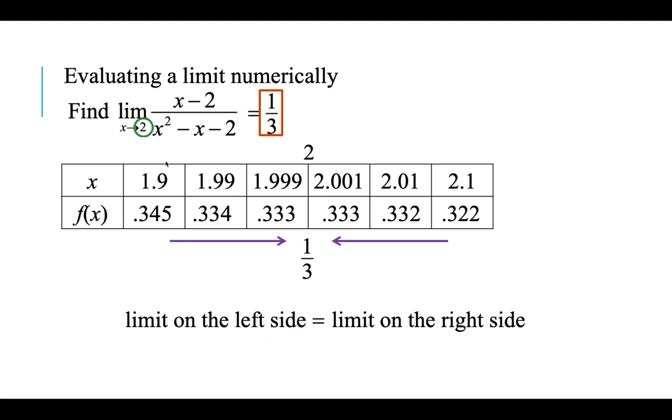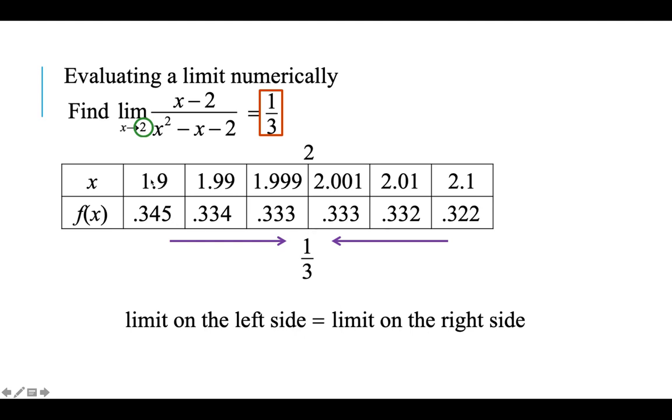But the limit still exists, because if we look at values of x that get very, very close to 2 from the left, and values larger than 2 that, moving from the right, get closer and closer to 2, they all approach the same value.